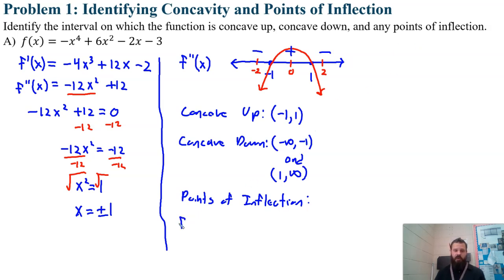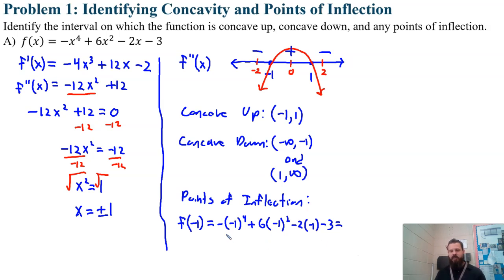Here what we'll do is we'll look at f of negative 1. Okay, and that's going to be, going back to this original f of x, negative 1 to the 4th, plus 6 times negative 1 squared, minus 2 times negative 1, minus 3.